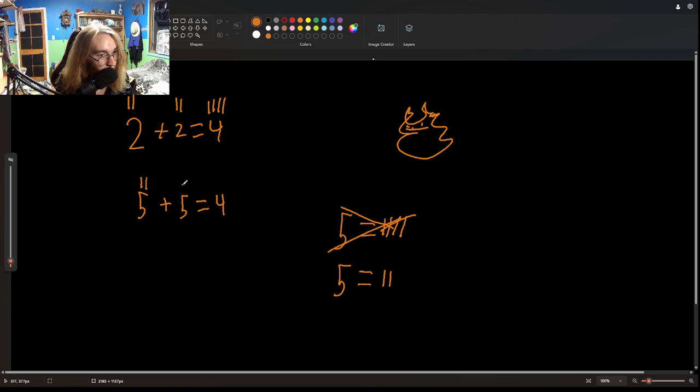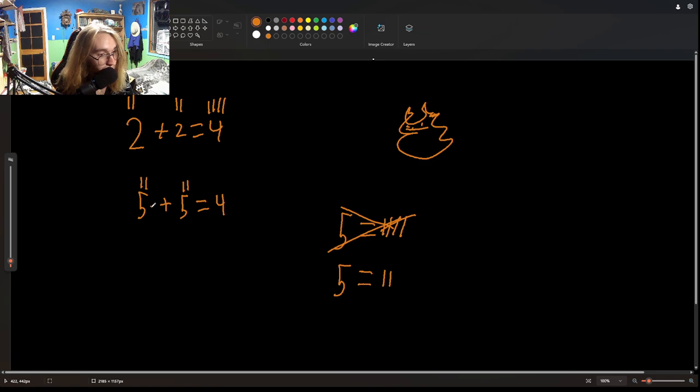So if this 5, the symbol of 5, is equal to the value of what we call 2, then when we see 5 plus 5 equals 4, it is a true statement, because we have attuned this symbol of 5 to the value of 2.